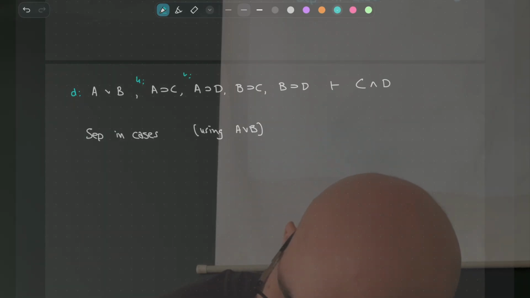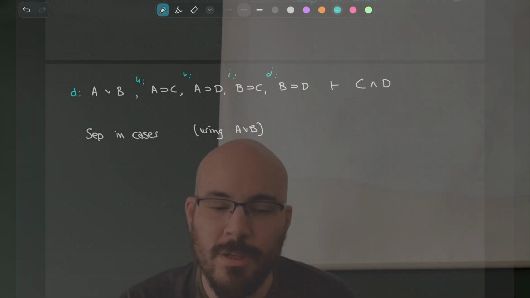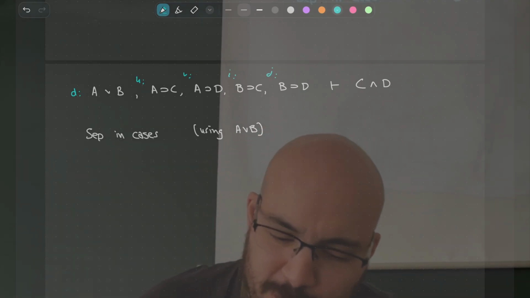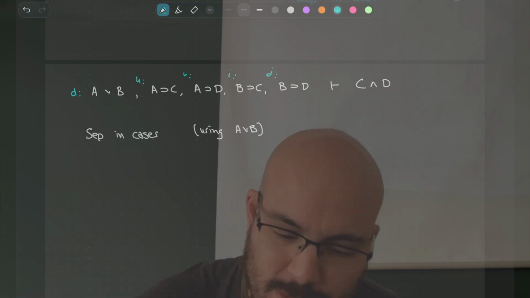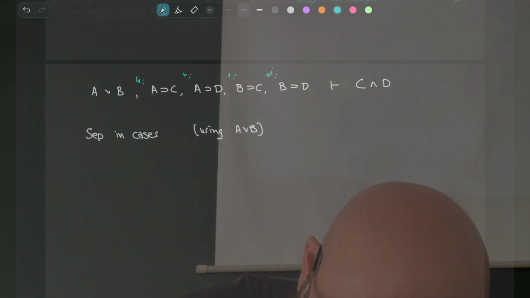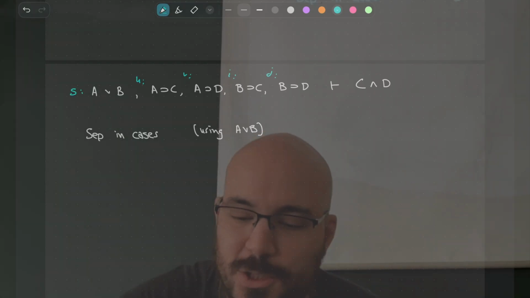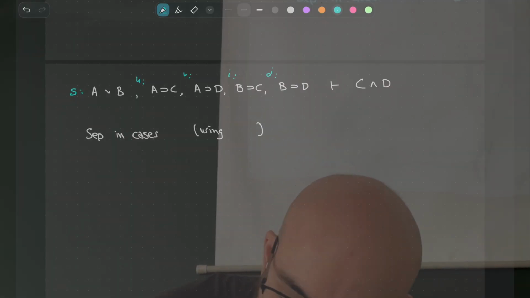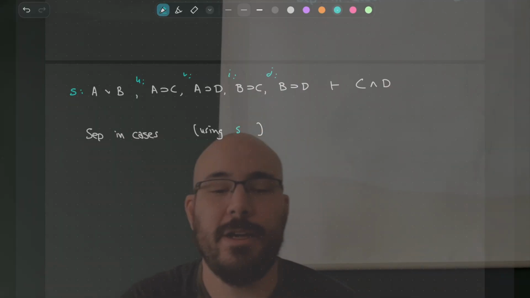I will call this I, and I will call this J. And this one, I'll call it S to remind me of a sum. So I will not say that I'm using disjunction, I will say that I'm using S here.